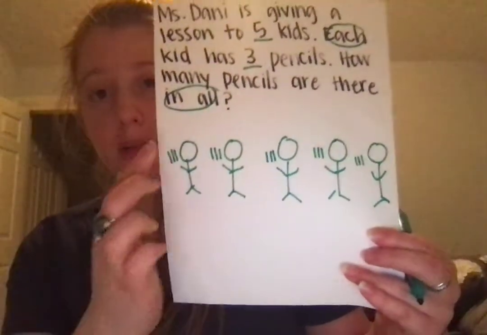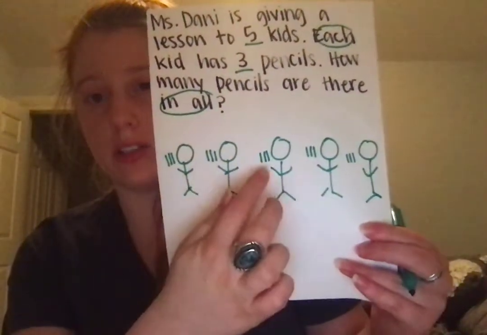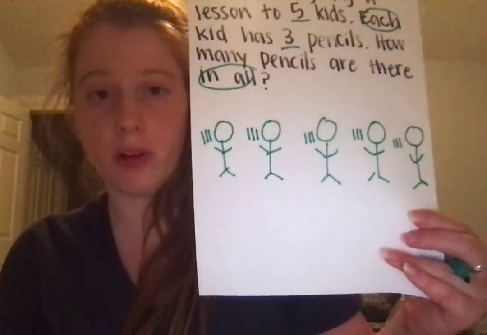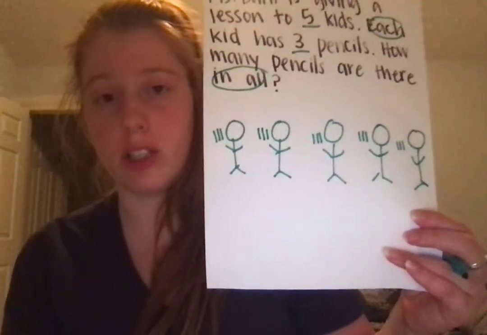All right, now I'm going to count all of our pencils to get my answer, and I'm going to write my equation. So go ahead and write your equation, and then we'll compare when we're all done.